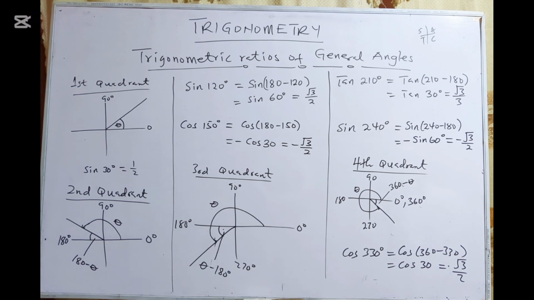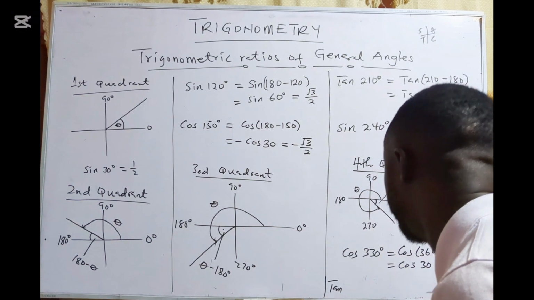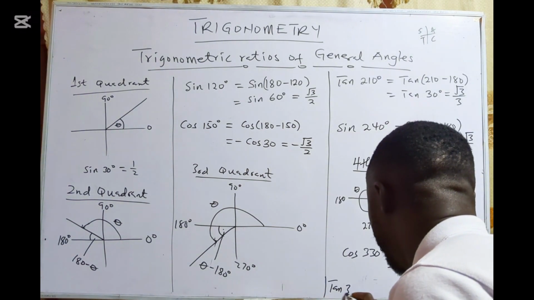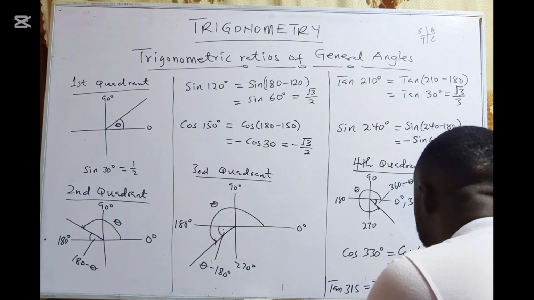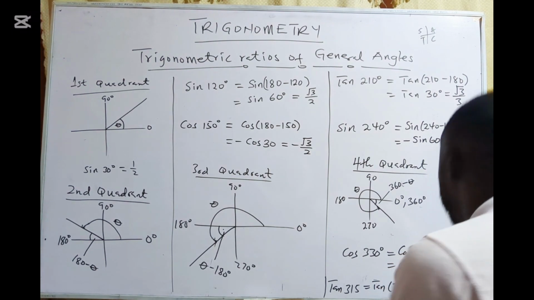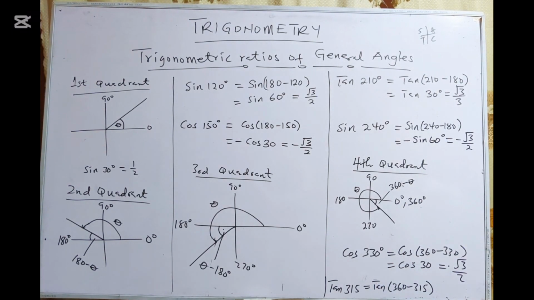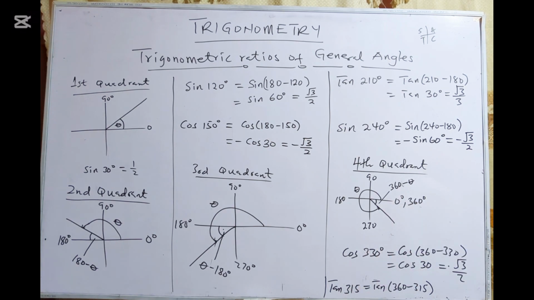Let me try the last example, maybe using tan. Tan 315 will be tan of 360 minus 315, because 315 falls within the fourth quadrant. 360 minus 315 will give me 45.